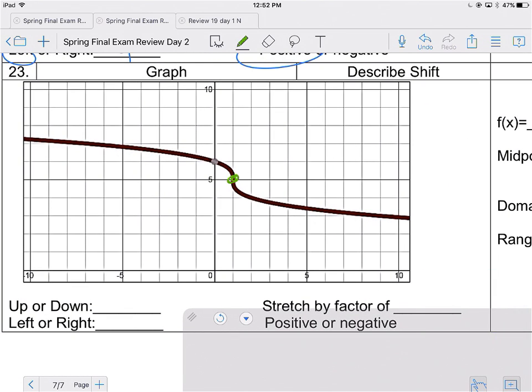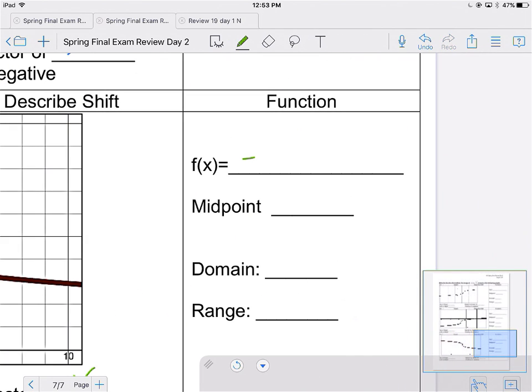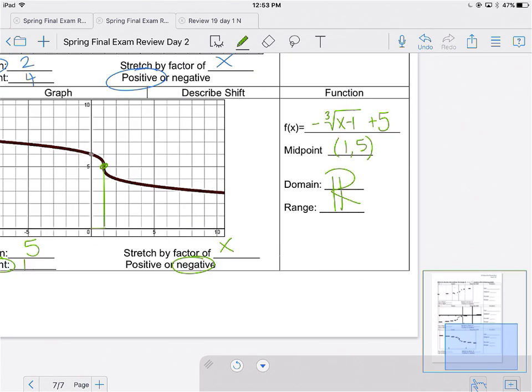And then 23, we go right 1 and up 5. Not worried about that, but this one is a negative. As we read from left to right, it goes down. So we need a negative in front. Right 1 is going to be a -1 under the cube root, and then +5 to go up 5. Opposite, same. And domain and range.